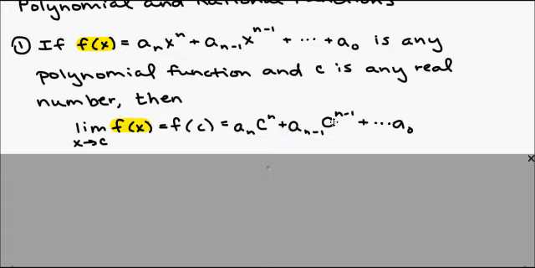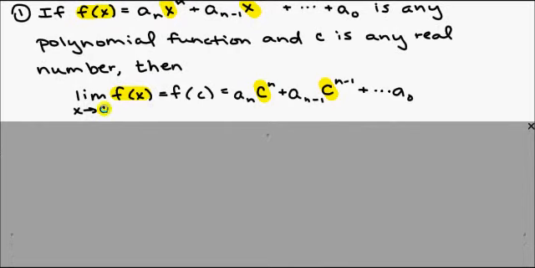So again, just like before, you're substituting in the x's with c's. All that happened between here and here was you changed x to a c. So that is x tends to c, change x to c.